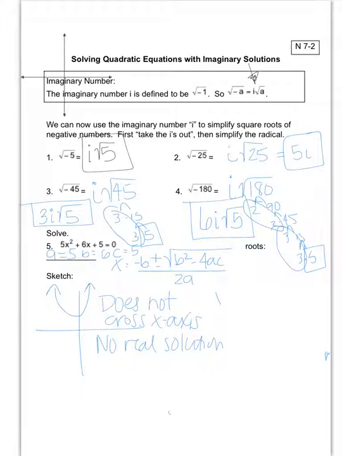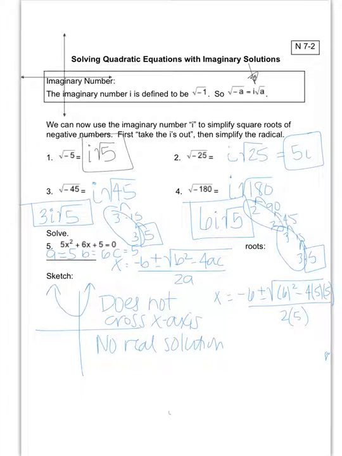So we're going to plug in here. So x equals negative b, which is 6, plus or minus the square root of b squared, so 6 squared, minus 4, a is 5, and c is 5. That's all over 2 times a, which is 5.